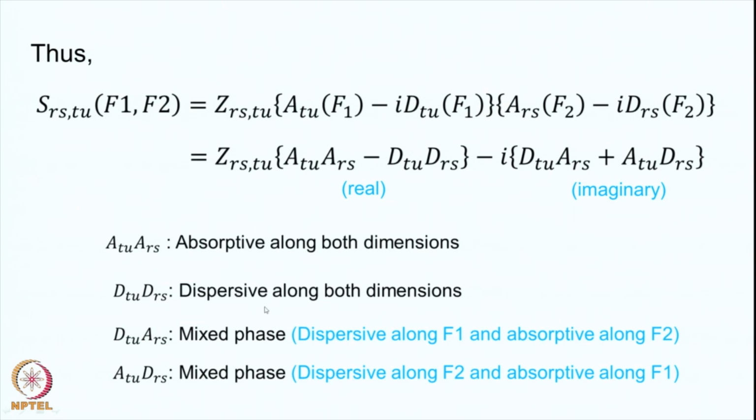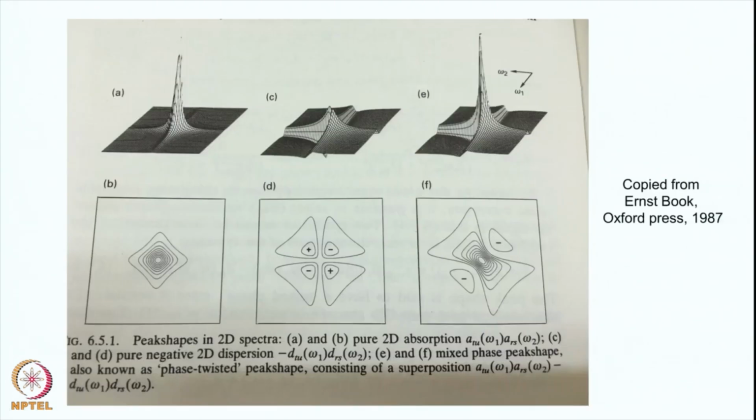So therefore now we have to choose what we want to have. So how do we choose it, and what are the criteria? Now this is clear when you make a plot of these various line shapes. So this is a line shape which is absorptive along both dimensions. This is the first term, that ATU ARS, and here you have the dispersive line shape along both the dimensions, that is the DTU and DRS, that is this one here.